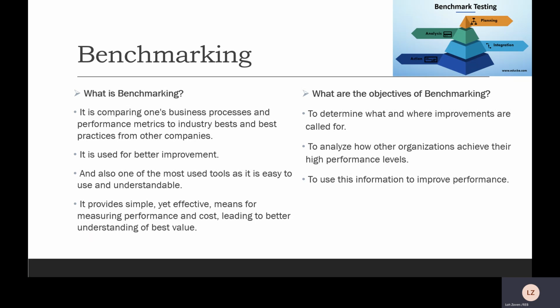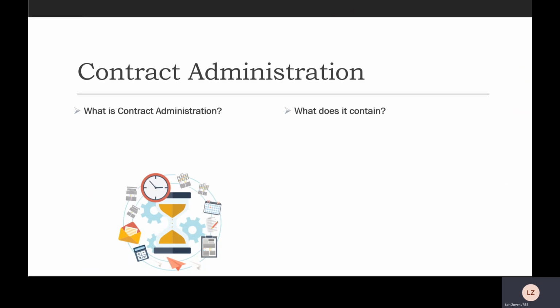Now it's 2021, you cannot be doing what people were doing in the 1960s, in the 1970s. You definitely have to move on. You have to improve yourself to make sure that you are not outdated in a sense. So you have to use this information to improve your own performance.